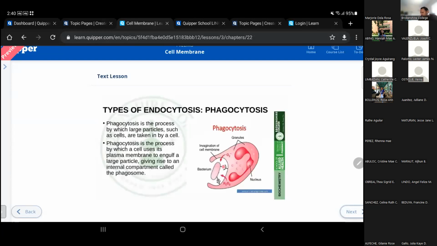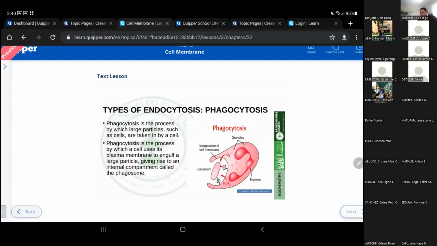Okay. And then we have, ito pala yun, no? Types of endocytosis, no? If it is large particles, particularly mga solid particles, the process of endocytosis is known as phagocytosis, no?